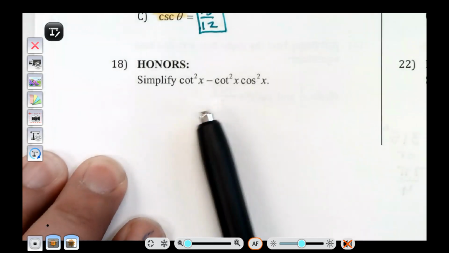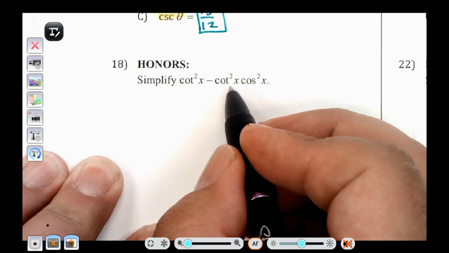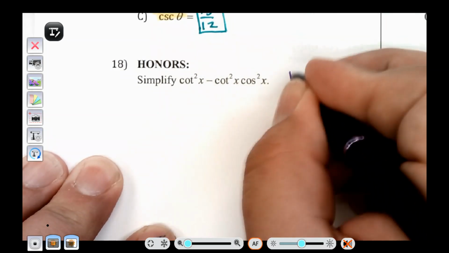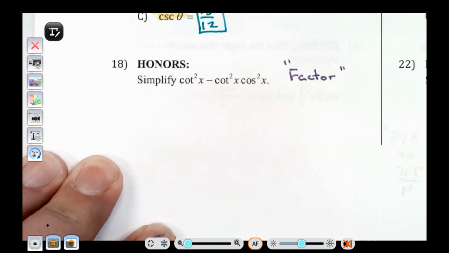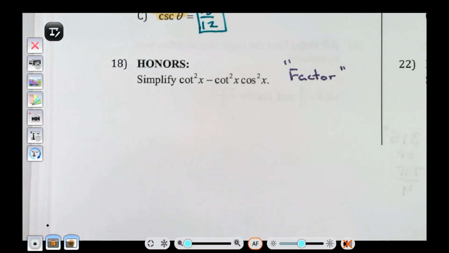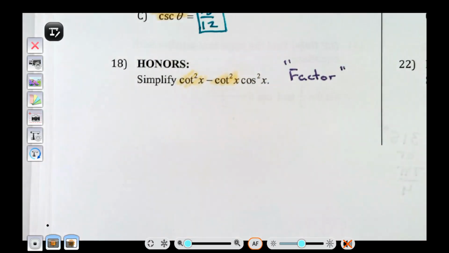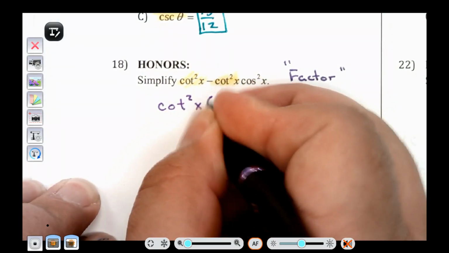But one of the things we want to do here is, I see a cotangent squared and a cotangent squared. They both have it. So I'm going to factor. And remember, the very first step in factoring is called the GCF. Well, they both say cotangent squared. Then let me factor that out. So cotangent squared of x, I'm factoring it out.